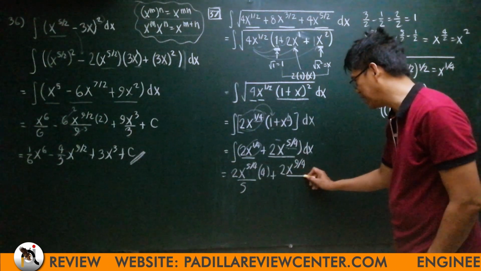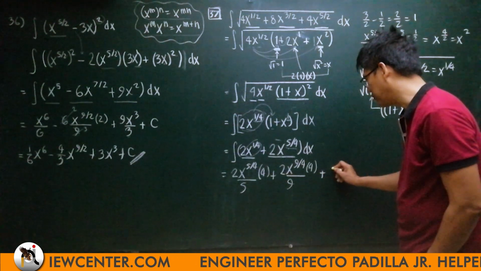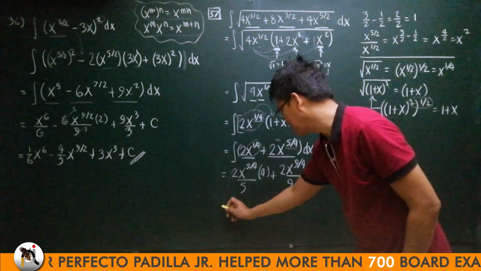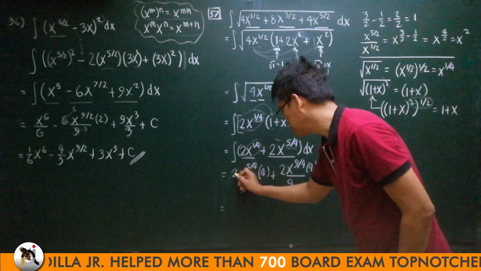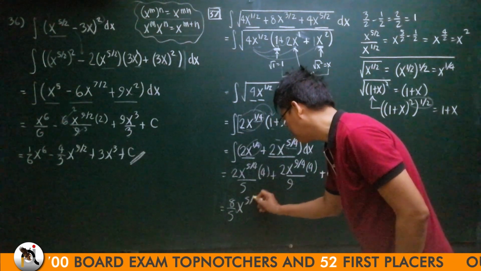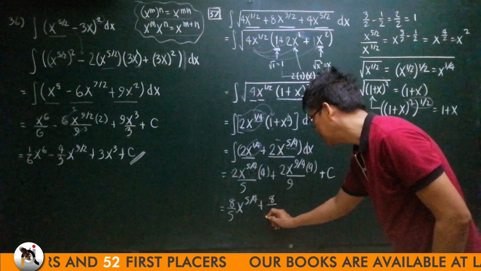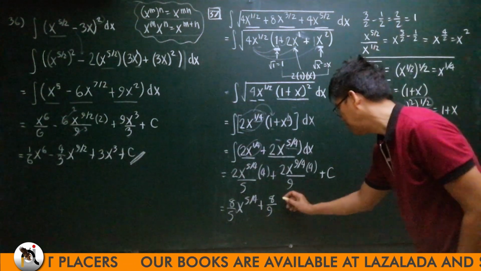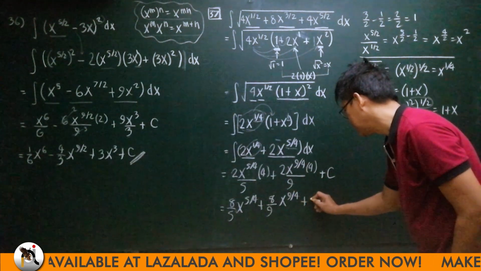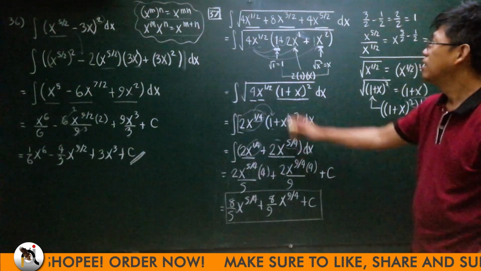Over 9/4 plus, don't forget, C. So, therefore, we have here 4 times 2, 8/5 of x to the 5/4 plus 4 times 2, 8/9 of x to the 9/4 plus C. This is now the integral of this one.